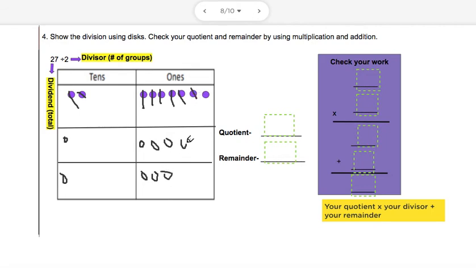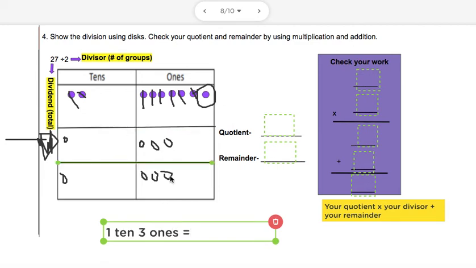Uh-oh. I have one more, but then my other friend won't have a pair. So what is this last disc called? Good, our remainder. Go ahead and box it in. Same as before, focusing on one group. And now this time we have 1 10 and 3 ones. 1 10.